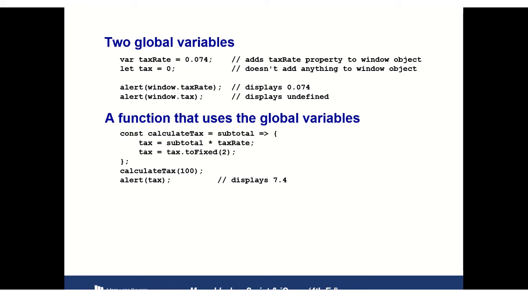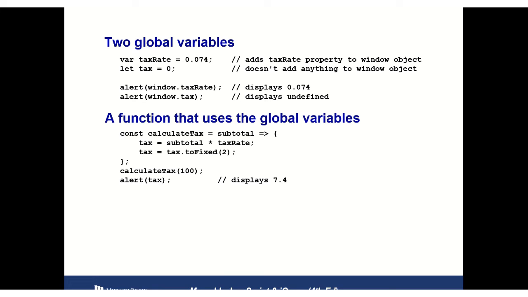You can have global variables. The var adds tax rate property to the window object. And if you write let tax, let does not add anything to the host object or window object.